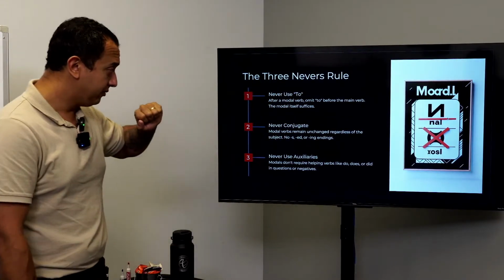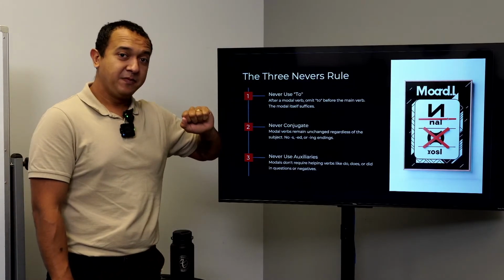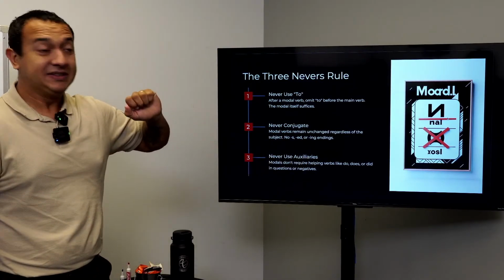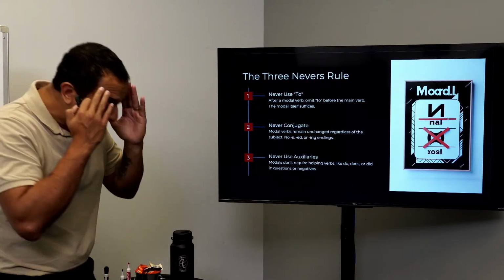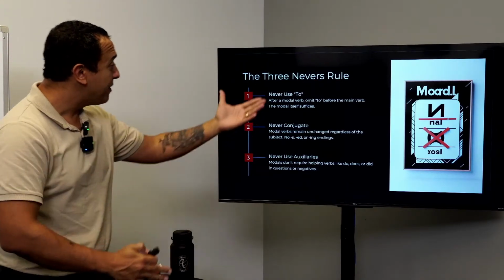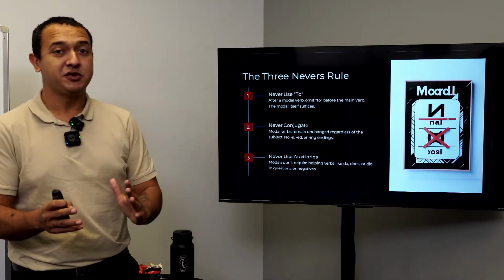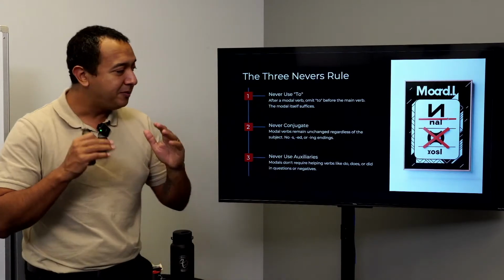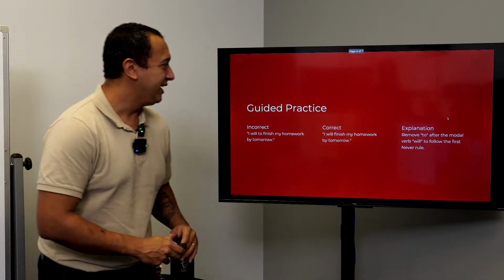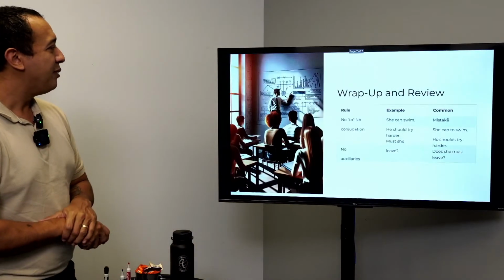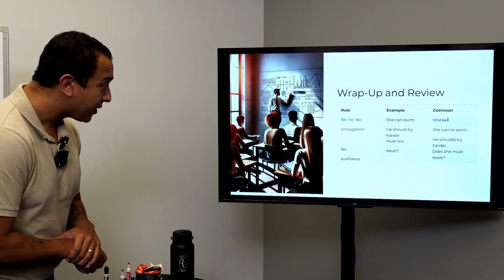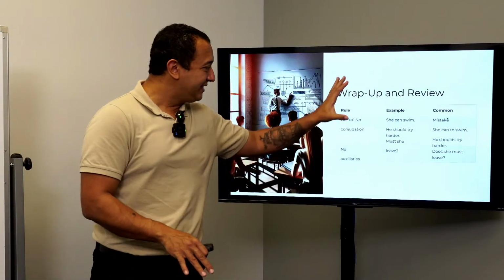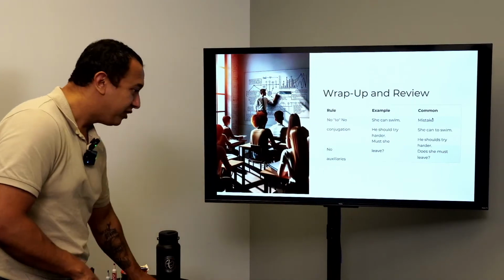Never use to, never conjugate, and never use auxiliaries. This is what you have to do, guys. You need to keep this in mind. If you memorize these 3 nevers, I promise you, your modal verb game will be flawless, better than ever before, okay? So remember, this is what we have for today, okay?